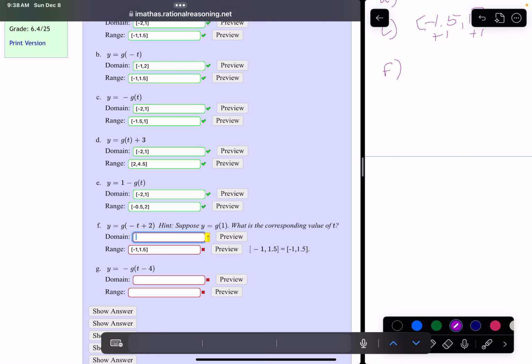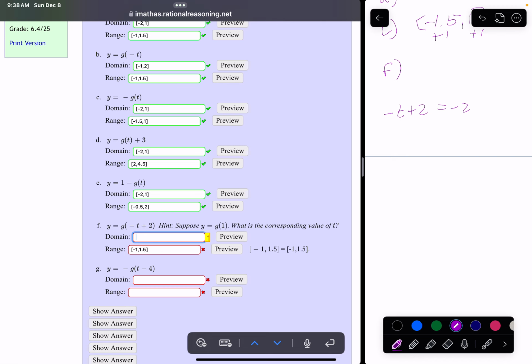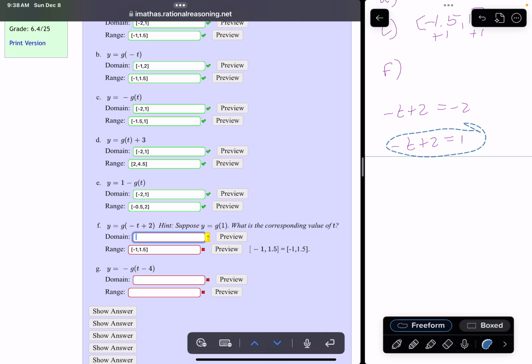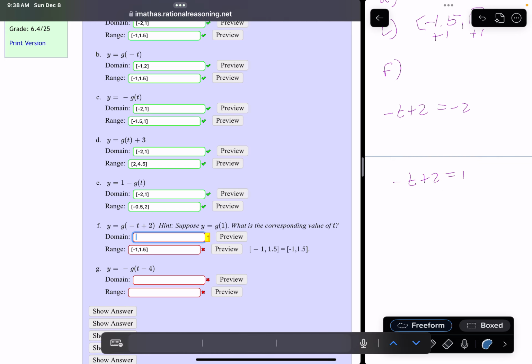Negative 2, 1, right? So where would negative t plus 2 equal negative 2? And then where is it going to move it to? Where is negative t plus 2 going to change our 1? Okay, so we're going to do each one of those. It's just an equation. We'll see where our domain starts and where it ends.